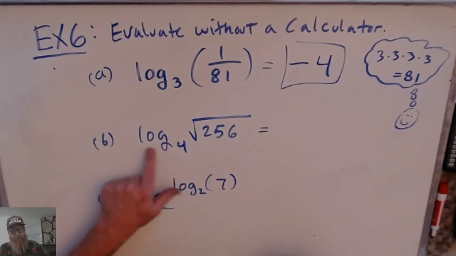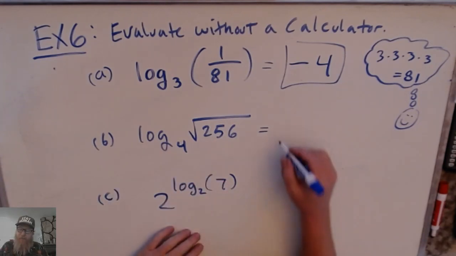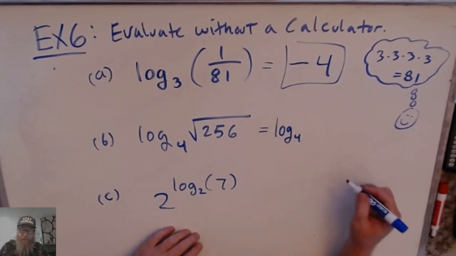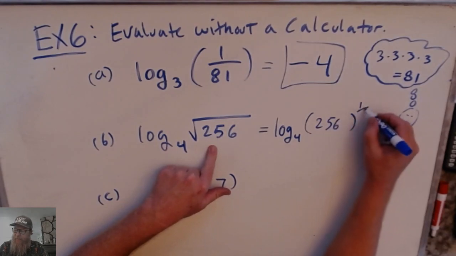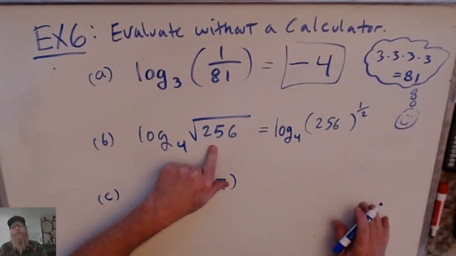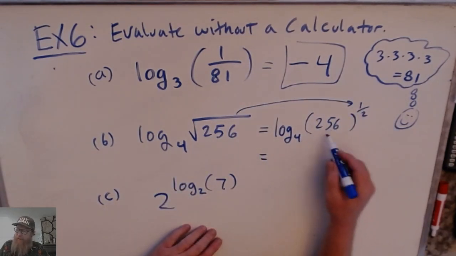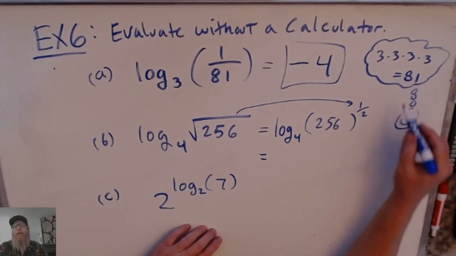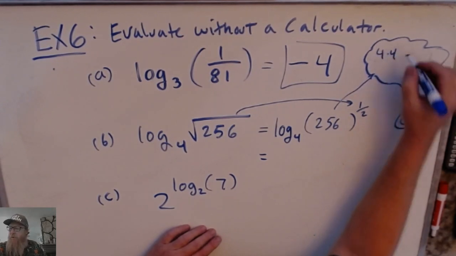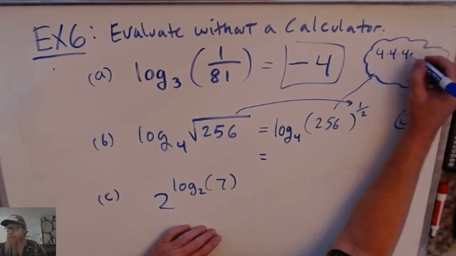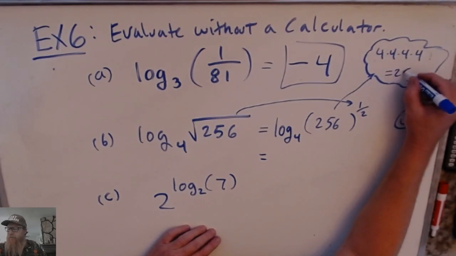All right, so what power of 4 is the square root of 256? This one takes a couple steps. First thing I'm going to do is write this as 256 to the 1/2. Square root is 1/2. Then I'm going to see if I can recall: 4 times 4, that's 16, times 4 is 64, times another 4 is 256.